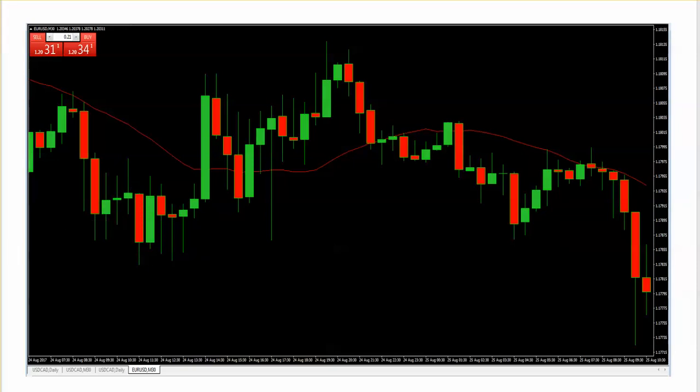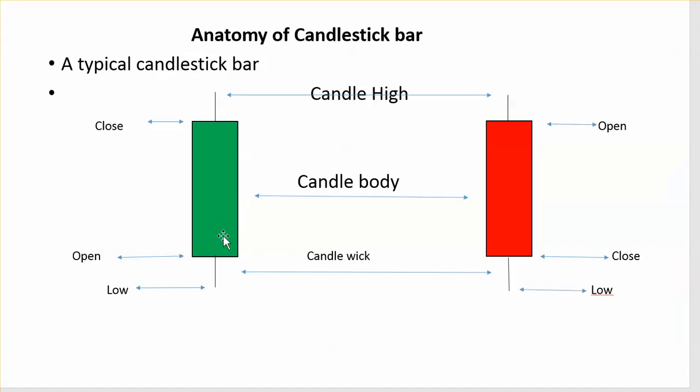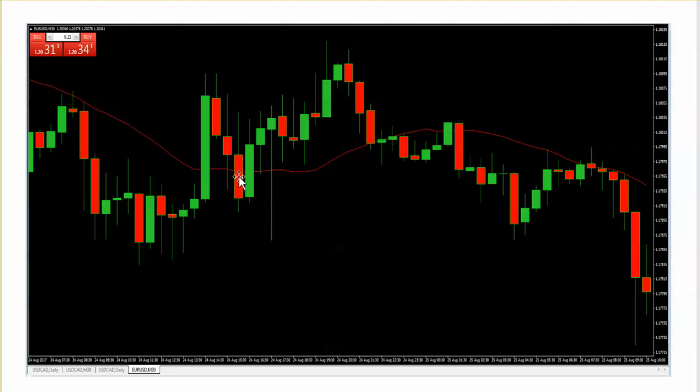Now let's get back to what we were saying just here, where the green opens and starts at the bottom and closes at the top, and also vice versa. We'll see the red opening at the top, closing at the bottom. We'll go and look at that on our chart. So the green candle here closed at the top.